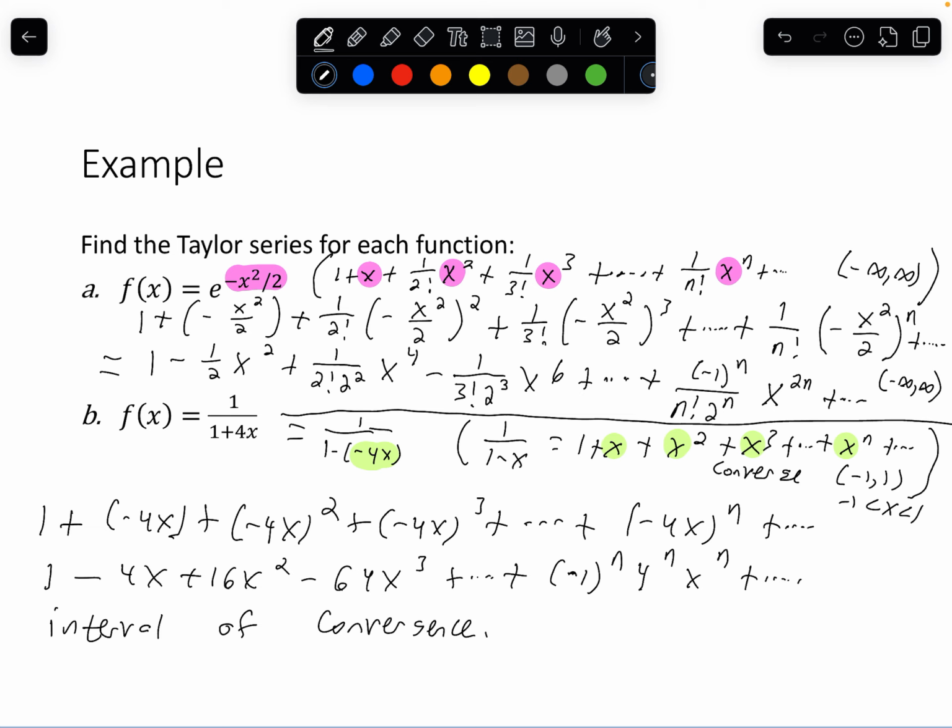If we replace, inside of our interval of convergence, that x with a negative 4x, this makes -1 less than negative 4x, which is less than 1. This simplifies nicely to -1/4 less than x, which is less than 1/4, when you divide everything by -4. So this interval of convergence is -1/4 to 1/4. Let me know if you have any questions or concerns. Thank you.